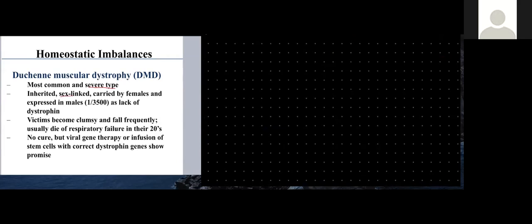The defective gene is located on the X chromosome. If you remember from your general biology class, a female has 2 X chromosomes and the male only has how many X chromosomes?